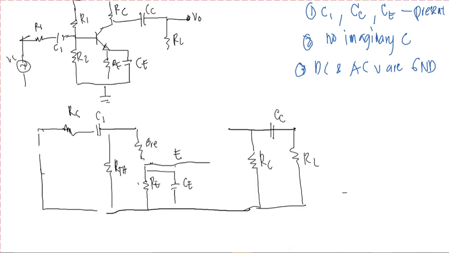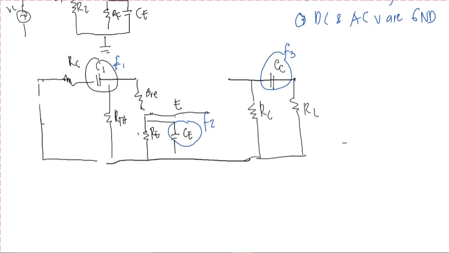So take note, we have three capacitances present: your C1, your CE and your CC. These three capacitances will contribute to three frequency considerations. So three frequencies will be considered: we have here your F1, we have your F2, and we have your F3. So we have three frequencies that we need to consider.